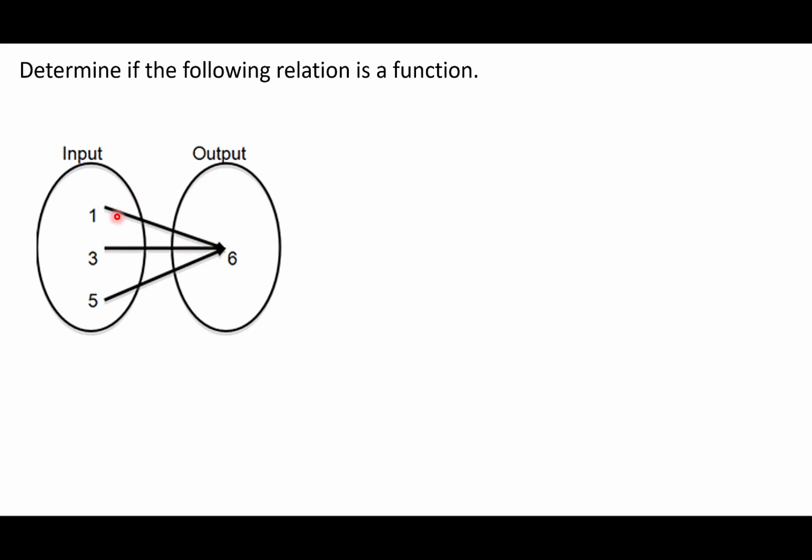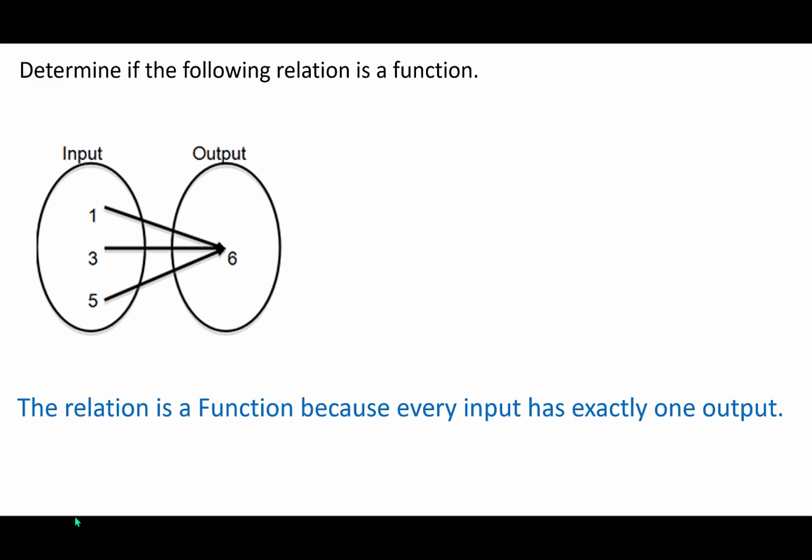So notice how each of these only has one arrow. Okay, so because each input has only one arrow going away from it, this is a function because every input has one output.